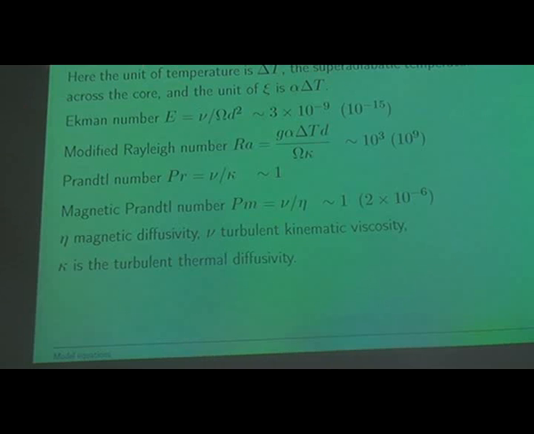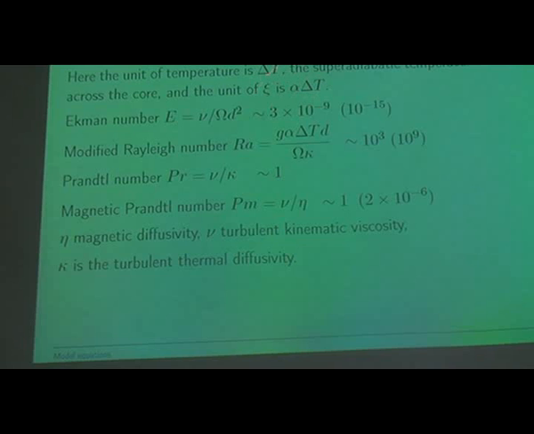Now, you can convert that dimensional equation into dimensionless numbers, and at this stage we get these dimensionless parameters, Rayleigh number, Prandtl numbers, and Ekman numbers turning up. In order to get this, we've also had to make a unit of temperature assumption. So the unit of temperature is delta T, and that's the superadiabatic temperature difference across the core. And as I mentioned last time, convection is driven by very small departures from the adiabatic state.